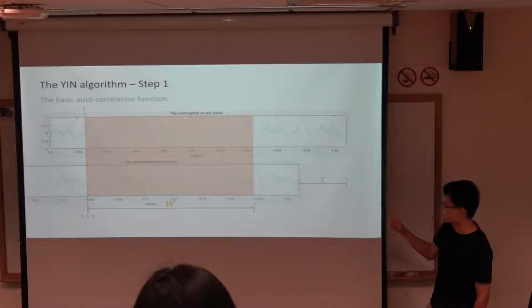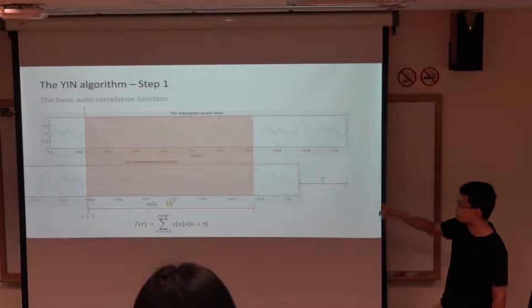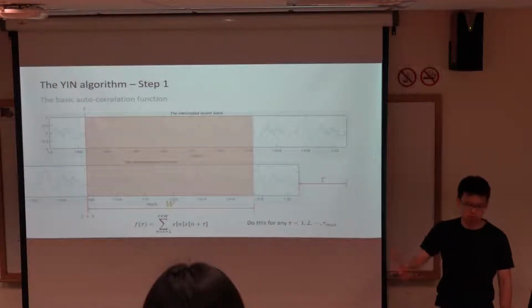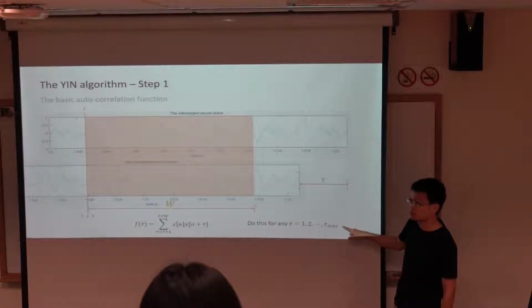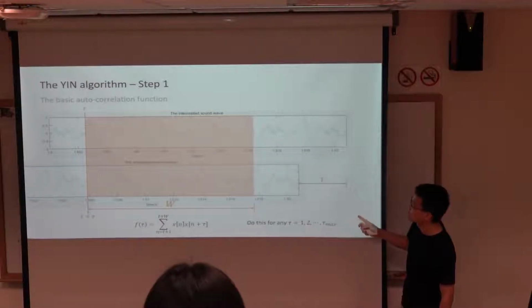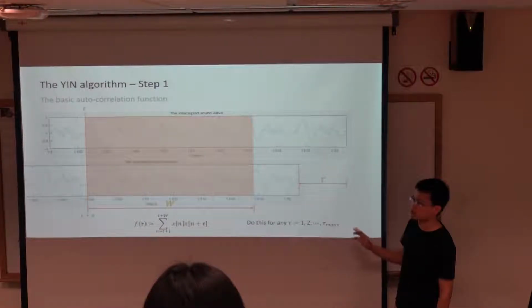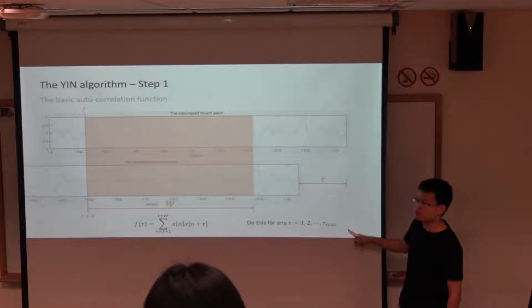And we get f tau. Because we're going to do this for tau equals 1, 2, 3 up to tau max. And tau max depends on the lowest frequency you want to detect, or the longest period you want to detect.